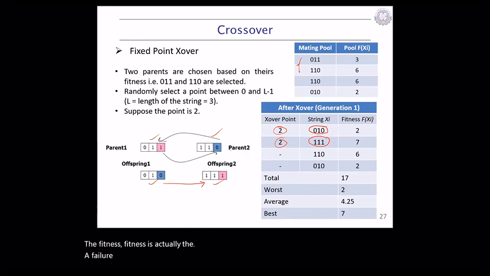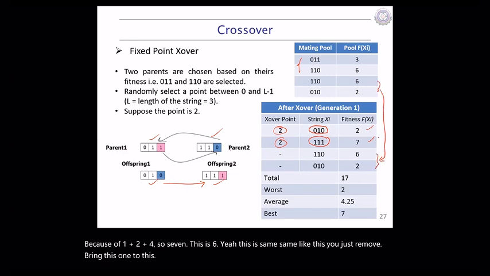So 0, 1, 0 is 2, and 1, 1, 1 is 7, because of 1 plus 2 plus 4, so 7. This is 6, the same as before; you just bring this one over. This is new from the crossover process.